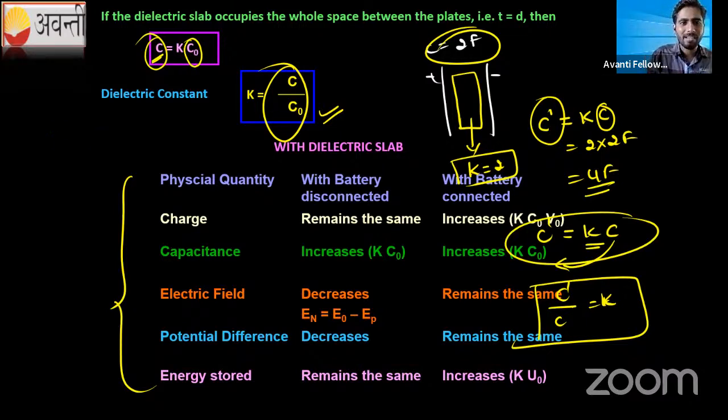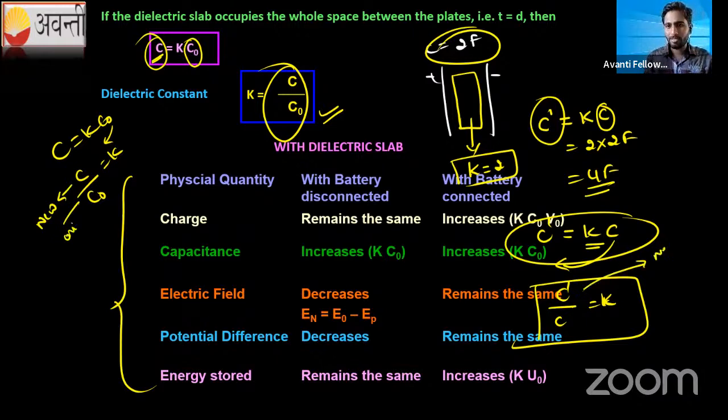Here also, same: C is equal to K C naught, and if I want the K value, I will take C naught to the left-hand side. Then C by C naught is equal to K. Means this is the new capacitance by the original one. Here also it is the new one, and this is the original one. Correct, bro? It is correct.